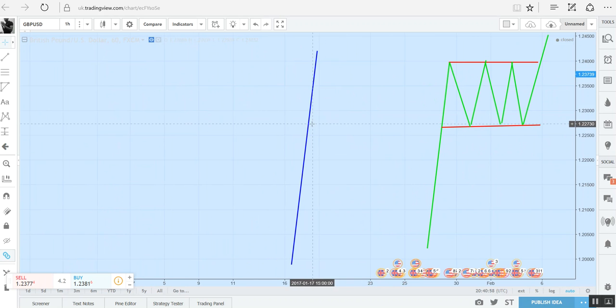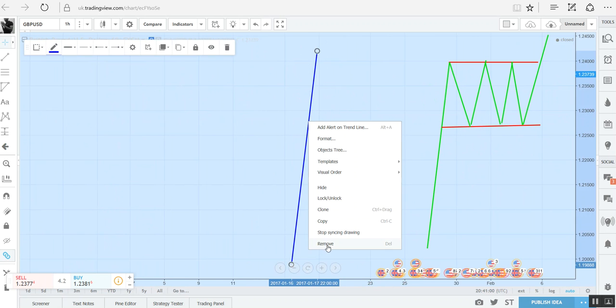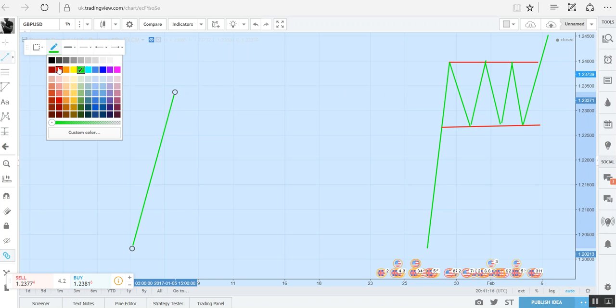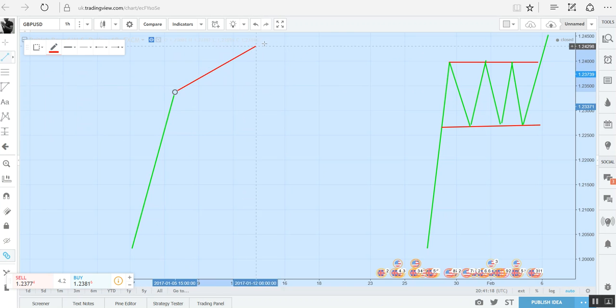But let me delete this. So the third type of consolidation. Let me see if any prizes for guessing which one this is. So we have an impulse leg, and we have a consolidation, which is called the rising wedge, just the opposite of a falling wedge.